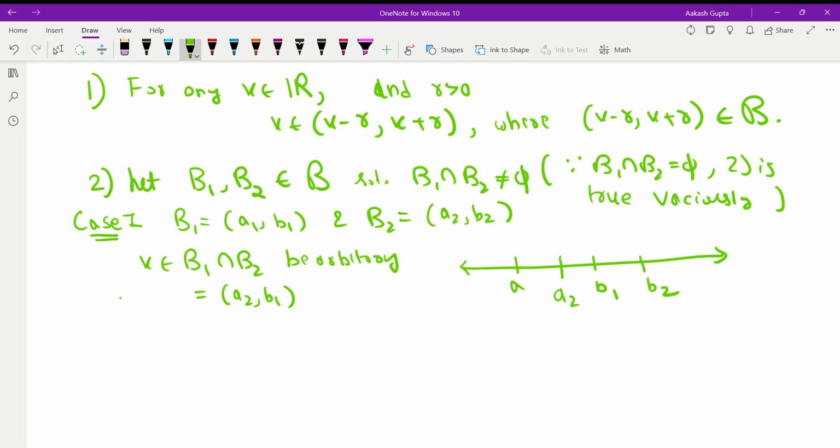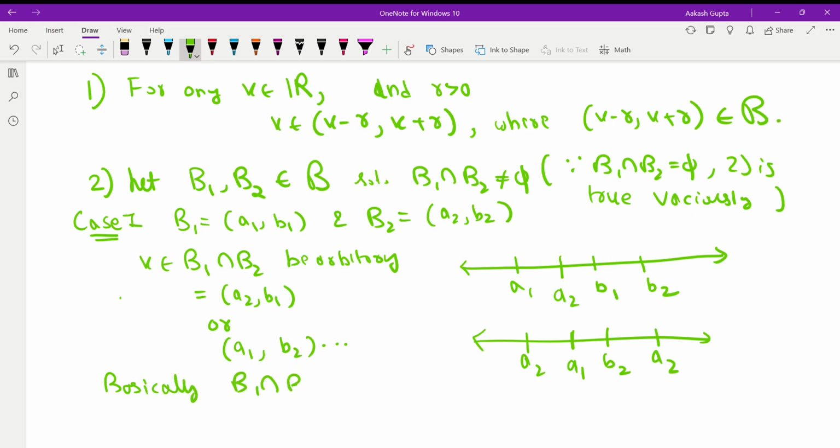Or there is another possibility: you might have something like this. Say a2 is here, b2 is here, and say your a1 is here. What would the intersection be? (a1, b2).